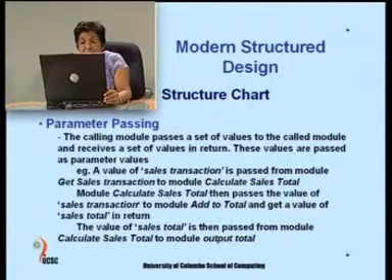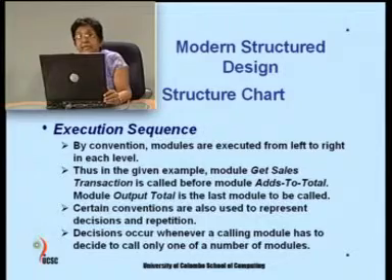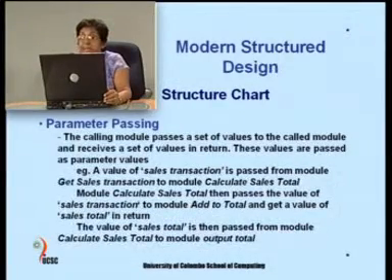Module calculate sales total then passes the value of sales transaction to module add to total and gets a value for sales total in return. The value of sales total is then passed from module calculate sales total to module output total. So, the connection between modules is kept only via this parameter passing. There are no other ways in which these modules are connected to each other.